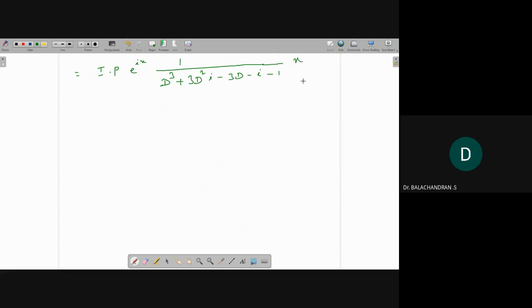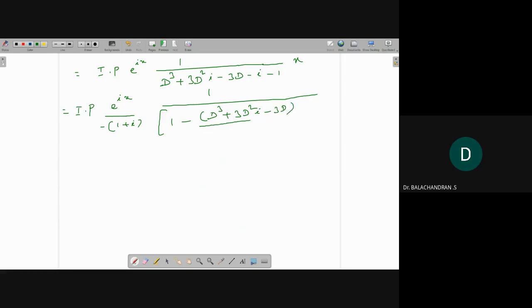So here the constant term is minus I minus 1. So if you take commonly minus of 1 plus I, what is remaining? So remaining is 1 minus of d cube plus 3d square I, okay, minus 3d. So this is divided by minus, already I put minus here, so 1 plus I into x.